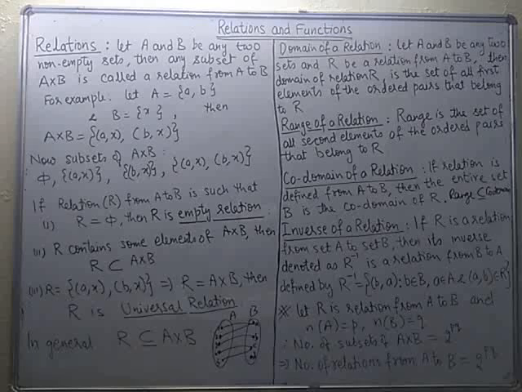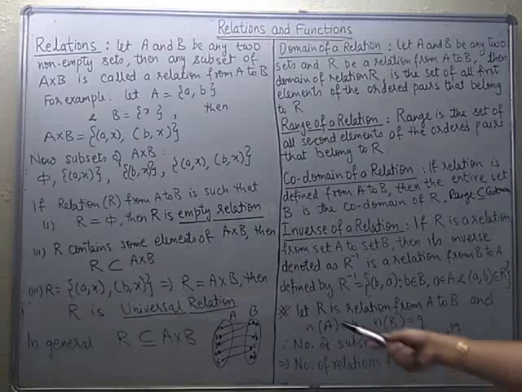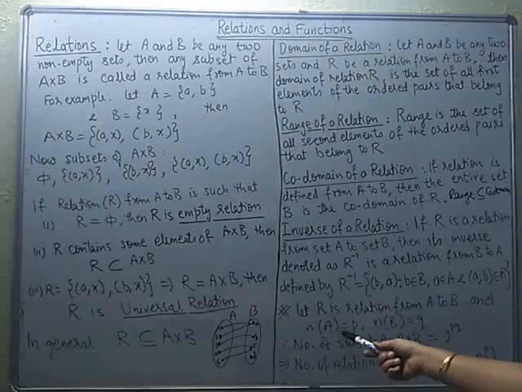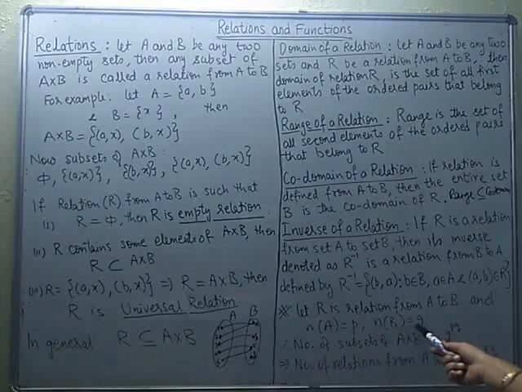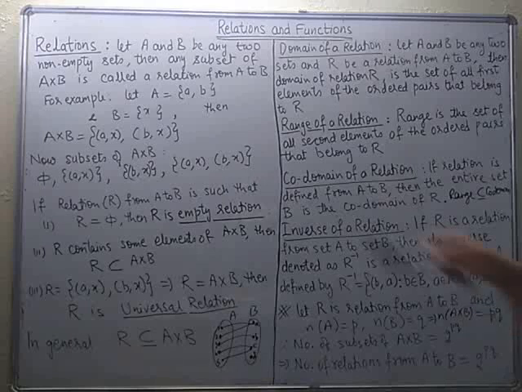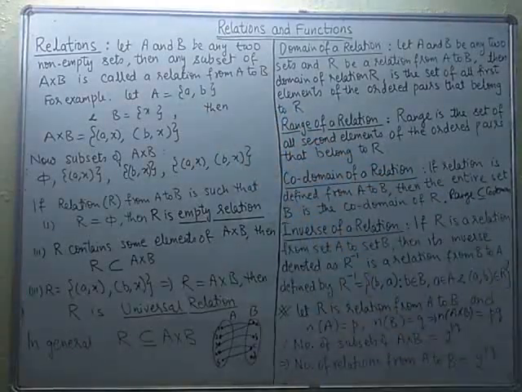Now coming to the number of relations we can define if the relation is defined from A to B. Suppose we are taking R as a relation from A to B and say number of elements in A are P, number of elements in B are Q. So how many elements in A cross B? A cross B will have number of elements equal to P into Q. You can see here A is having 2 elements, B is having only 1.